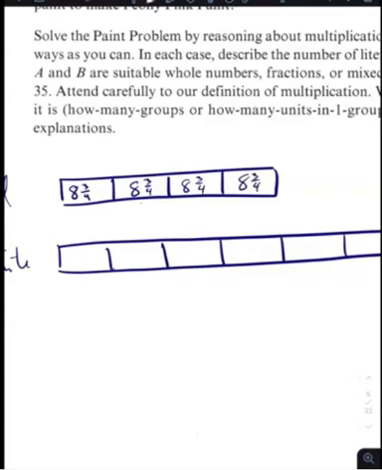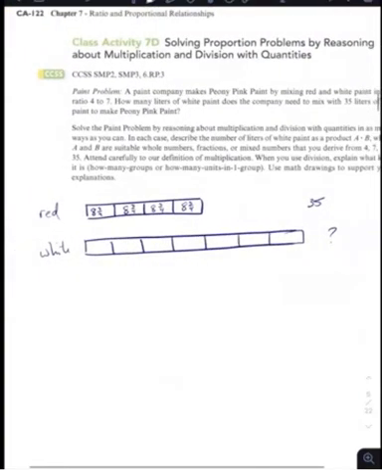Now, how did we get 8 3/4? Do you see that it's 8 3/4? You have 8 3/4 and 8 3/4. It's 17 and a half, and another 17 and a half will give us 35. But how did we get that? By saying 35 divided by 4 is 8 3/4.